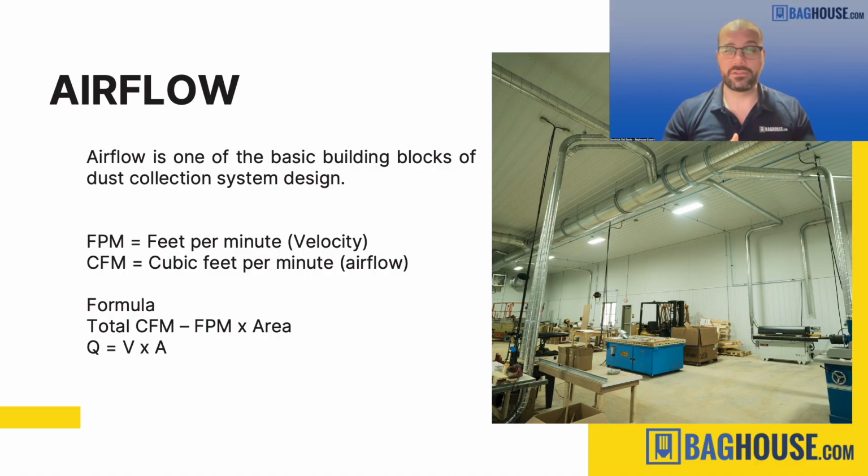Another important consideration we have is the velocity of the air. We measure that in feet per minute for dust collection systems. Now, an important characteristic of figuring out the airflow is the volume, that's the cubic feet per minute, the airflow, the velocity, and then we have the size of the ducting. And if we know two of those three things, we can calculate what the other one is.